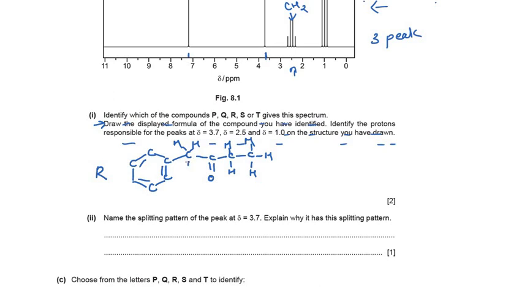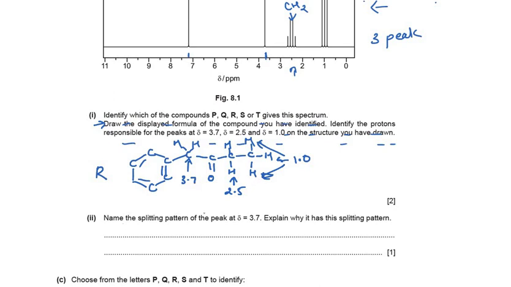So here we have the 3.7 ppm peak. These protons have the peak at 2.5, and these 3 protons have the peak at 1.1. So this is how we are going to label it. Yeah, so this part is done.